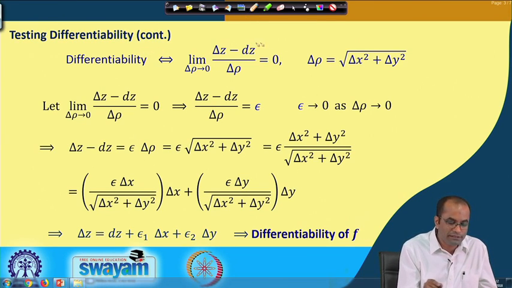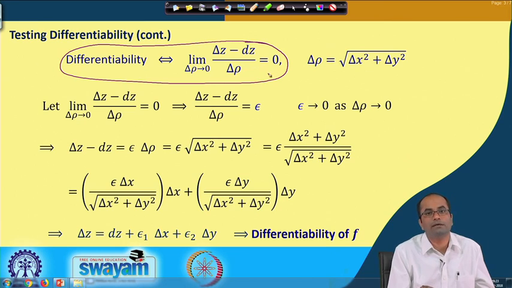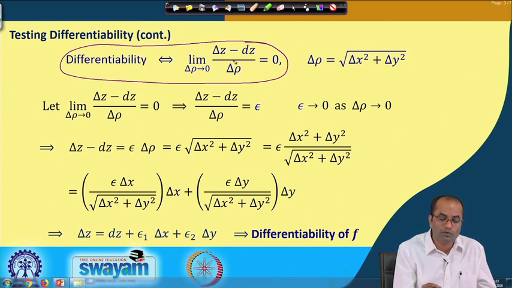So we have observed that for differentiability we have an equivalent definition: differentiability implies that this limit must be equal to 0, and we have also seen that if this limit equals 0, then the function must be differentiable.